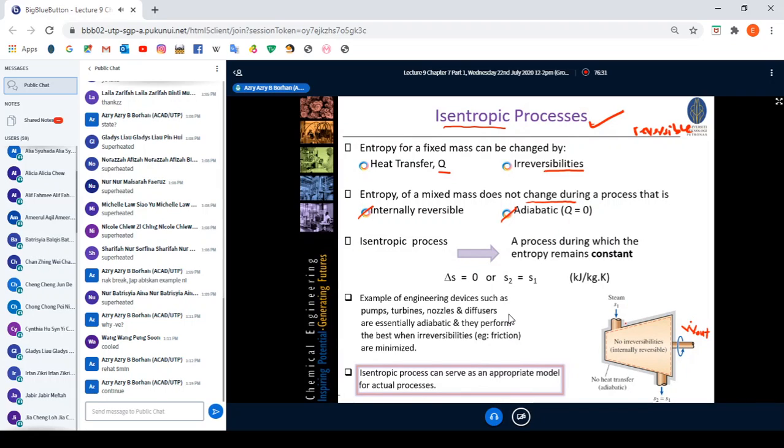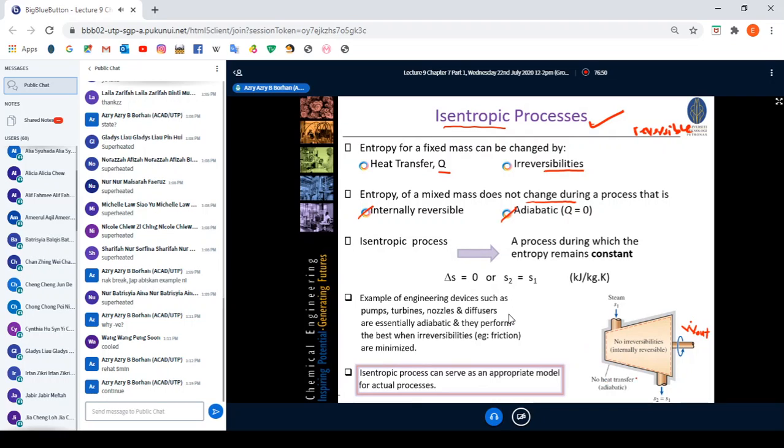In this particular turbine, you have an insulation layer covering up the turbine in order to prevent any heat exchange between the system and the surrounding.